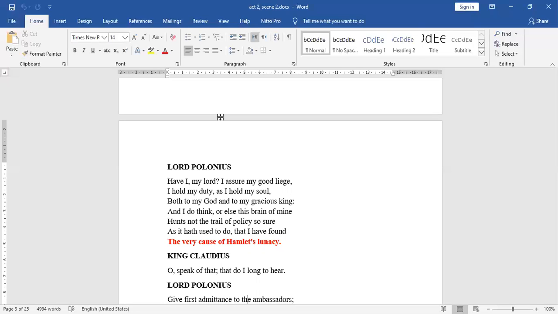Okay, so the queen suspects that Hamlet is hurt and angry because she remarried so quickly. She thinks that the real cause behind Hamlet's madness is that she married so quickly after the death of Hamlet's father, without waiting at least 1 year, just like the tradition during that period.